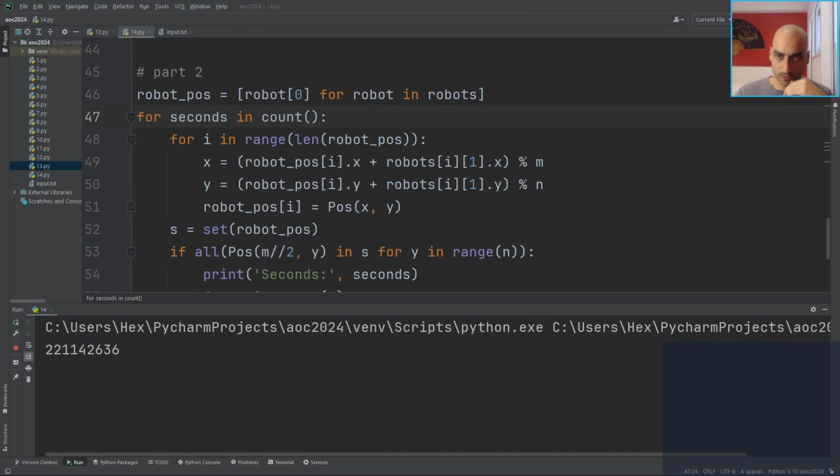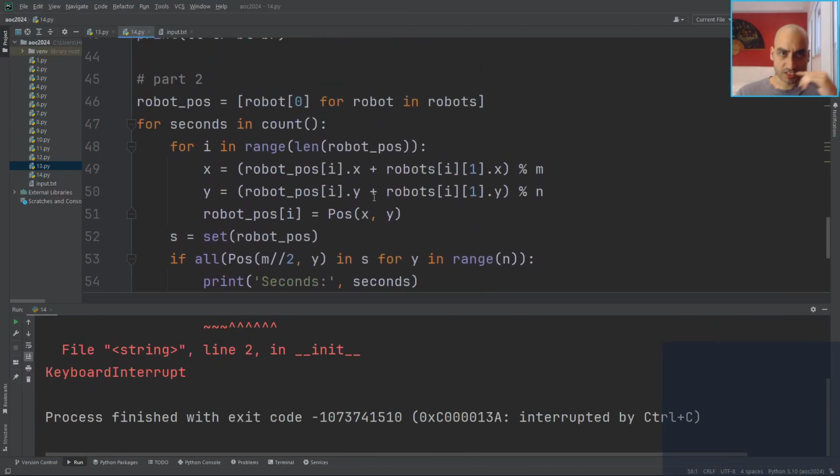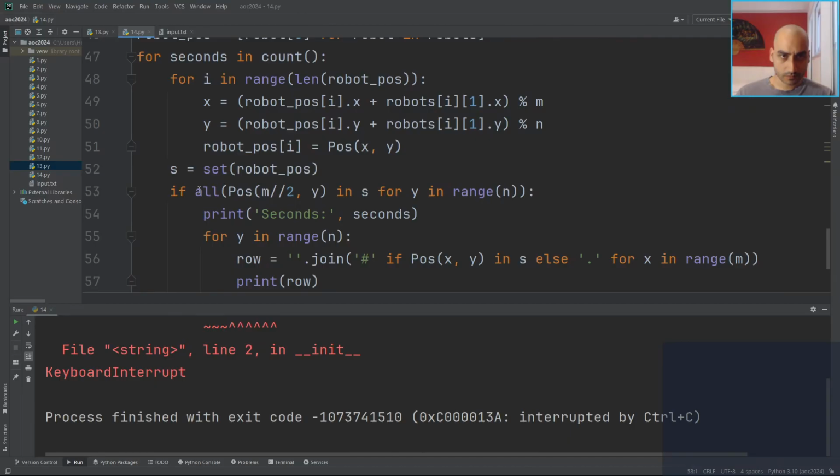Alright, I don't think this is working. Alright, we'll have to relax it a bit. Let's just see what's going on then. Okay, not this. If seconds percent 10 equals 0. So every 10, I just want to see what this looks like.